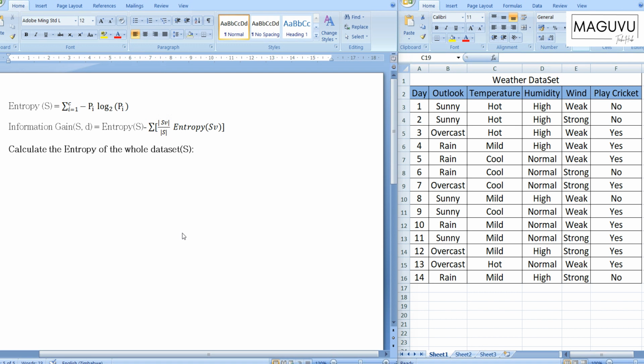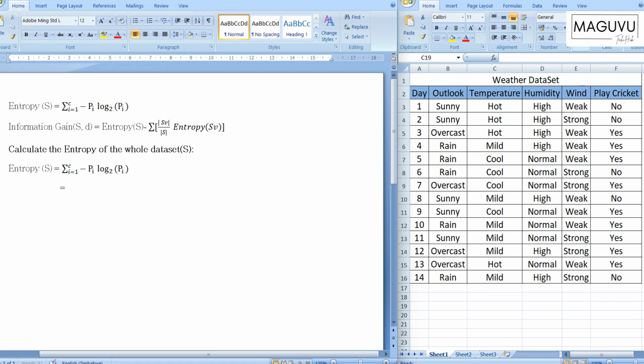So let's start the calculation of entropy on the whole dataset using our algorithm. So I'm just going to copy this formula and bring it down, and then do the substitution there.